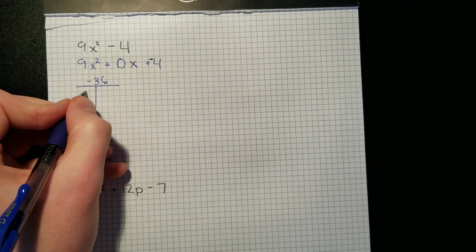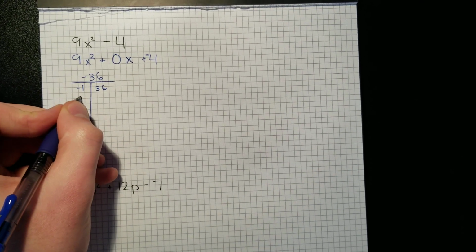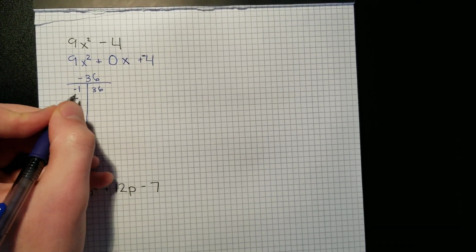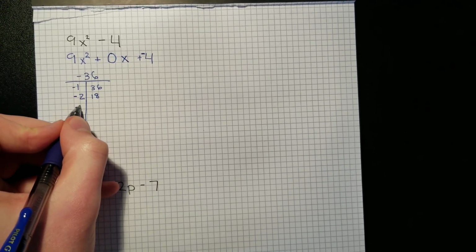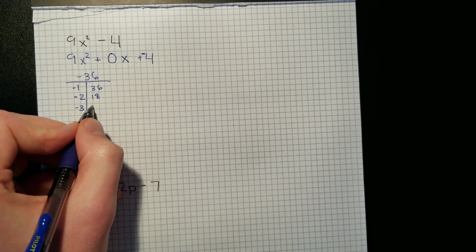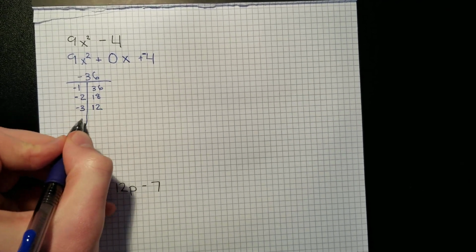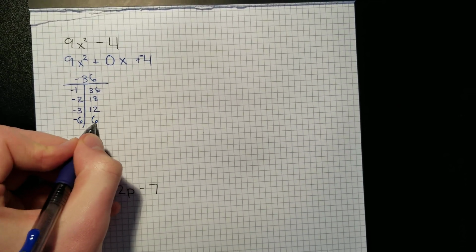But in this case, we can do negative 1 times 36, negative 2 times 18, negative 3 times 12, there we go, and negative 6 times positive 6.